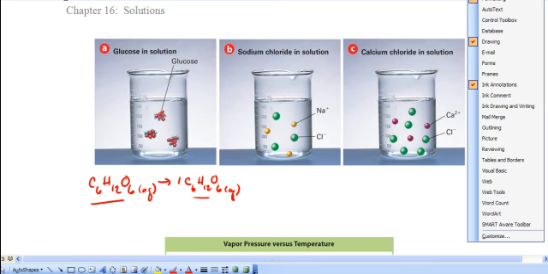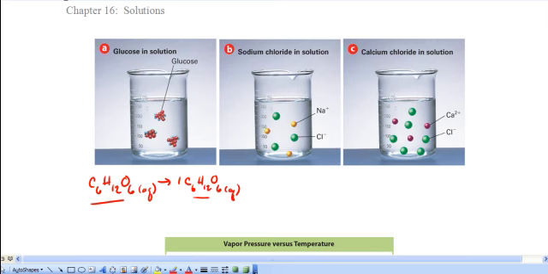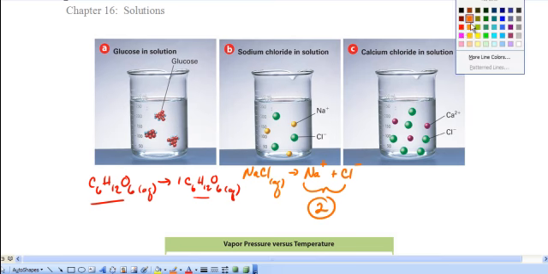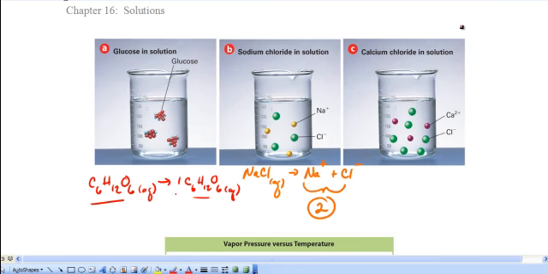However, if you were to put in something like sodium chloride, NaCl (aq) is going to break up into sodium ions and chloride ions. Both of those would be (aq) in this case. So you actually get two particles, as opposed to the one particle that you get when you put glucose in.